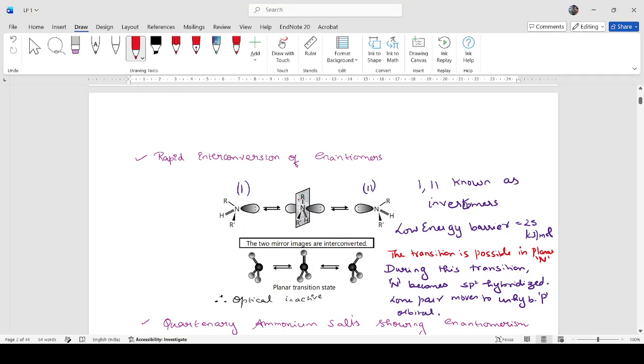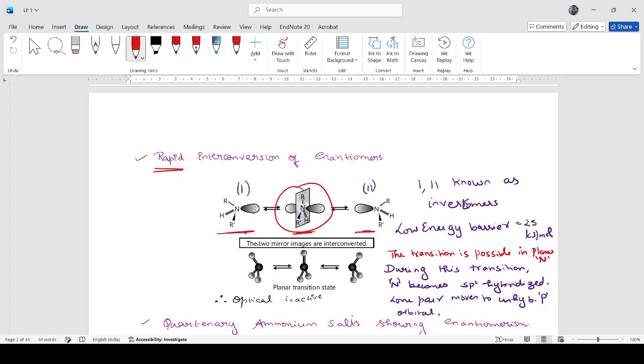Because this flip, this inversion that you're seeing right now, is very rapid. Because of this rapid interconversion of enantiomers, we are unable to isolate them. I cannot say this is one enantiomer and this is another. It's very fast. Why should it be so fast?